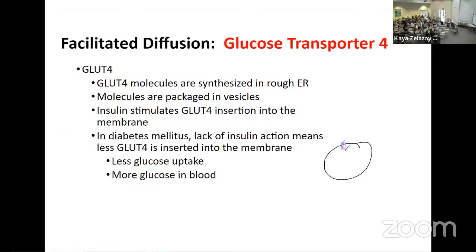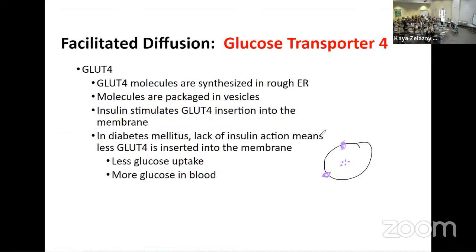Here's our membrane protein. Let's say we start out with just 2 of them at our baseline state. We've got more waiting in the wings in some vesicle inside. A vesicle is basically just a bag of membrane, a little membrane inside, storing something inside. So at our baseline state, we have a couple of these GLUT4 molecules.